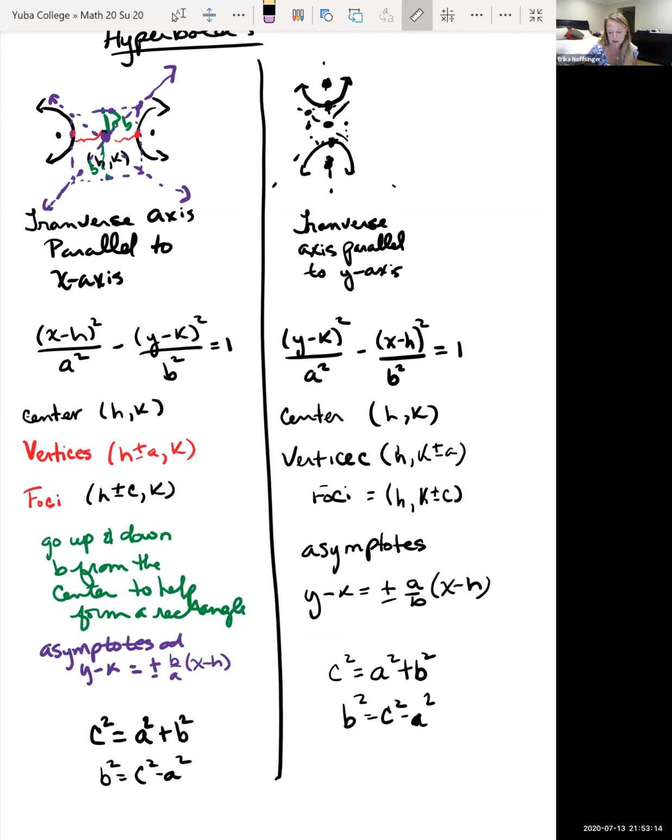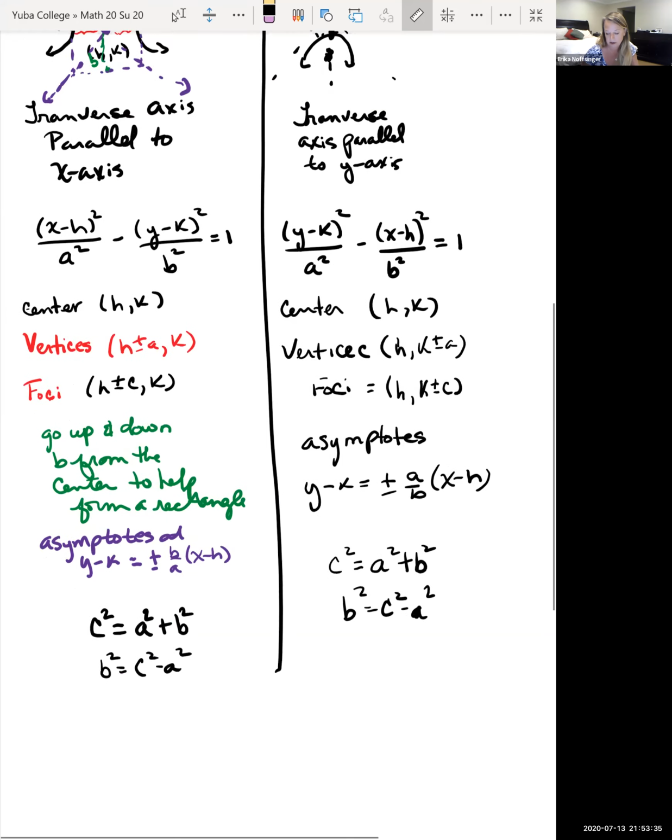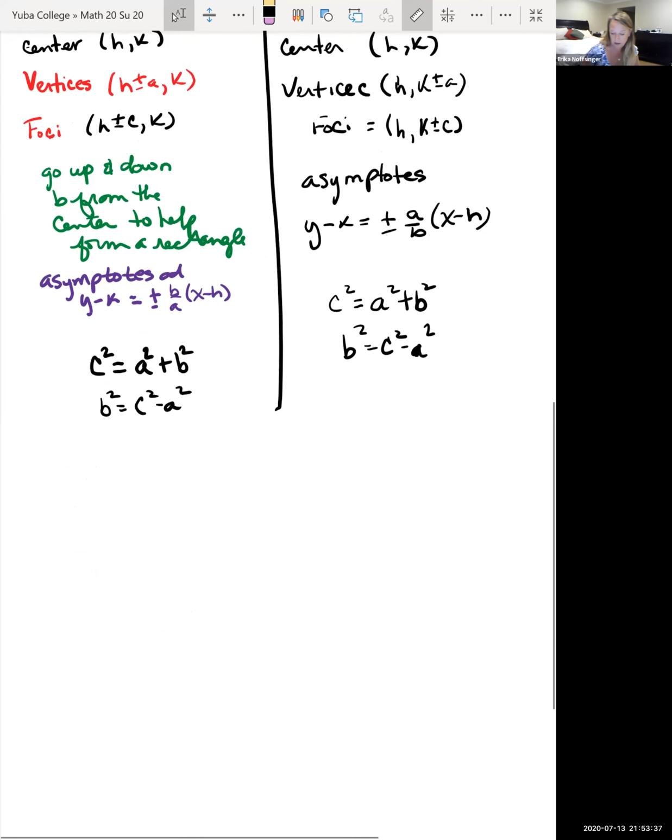I can tell by working with an equation when it's not in this form, if I'm dealing with a hyperbola, I can notice if I have an x squared term, a y squared term in my equation, and I have opposite signs. So one is positive and one is negative coefficients in front of my either x squared term and y squared term.